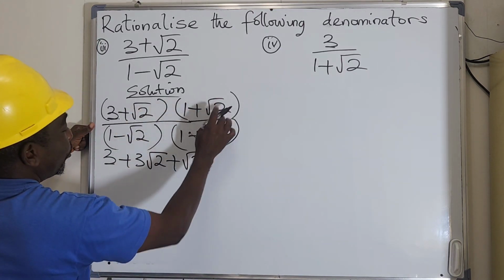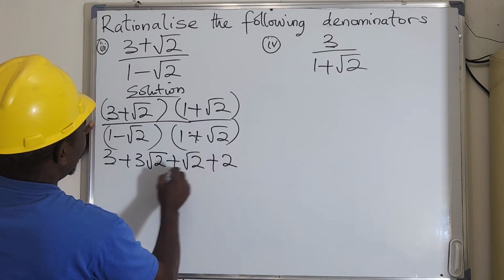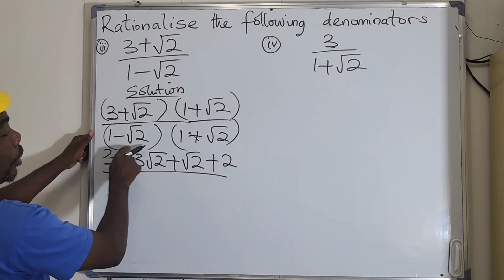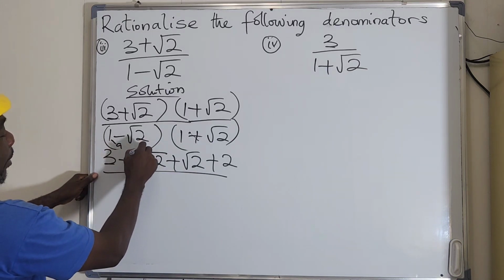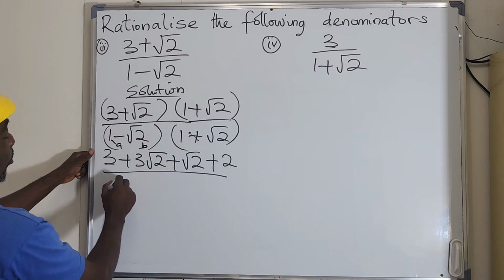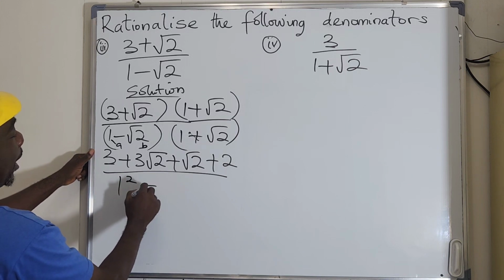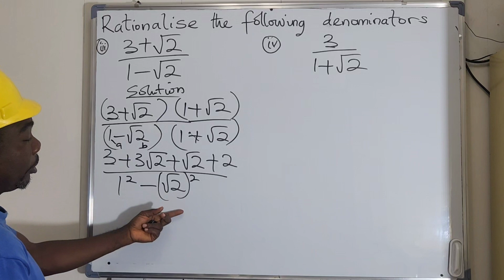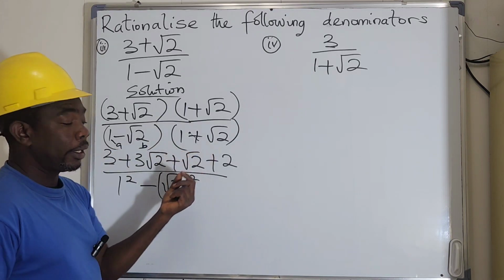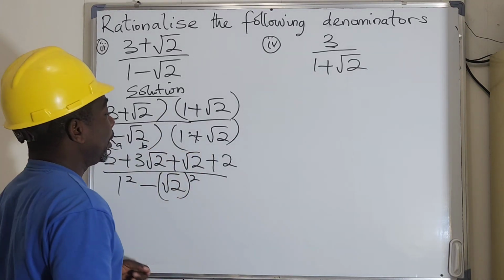Then we have root 2 times root 2 will give us 2. This is all over, and this one is the difference of 2 squares, which we have A and B. So this will become 1 squared minus root 2 squared. That is what it means. Or you can go ahead to expand, and you will arrive at the same answer.